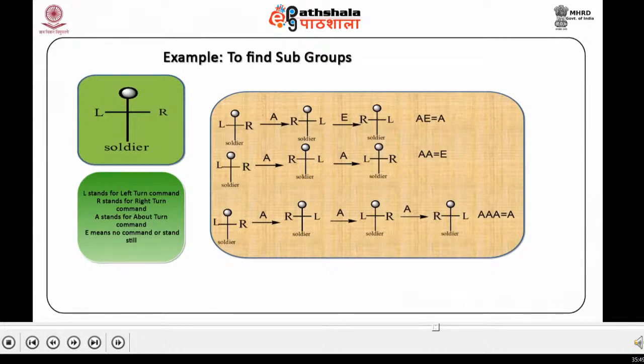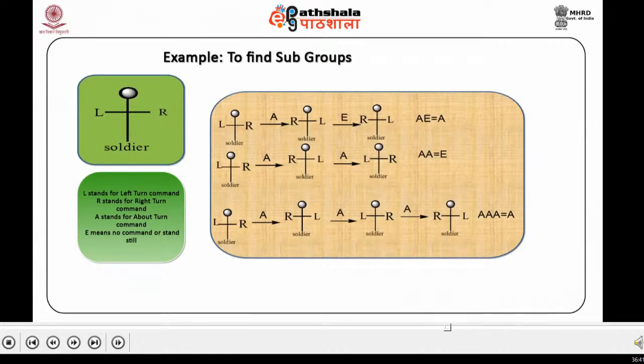Out of E, A; E, L; E, R, the subgroups which contain E, only E, A satisfies all the group conditions, and this is the only subgroup of order 2 of the main group L, R, A, E. EA is equal to AE is equal to A. AA is equal to E. AAA is equal to A inverse is equal to A, and E inverse is E, and so on.